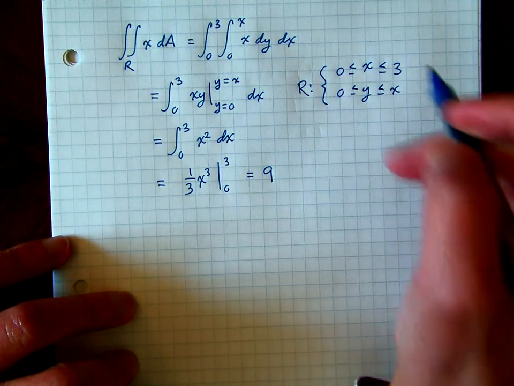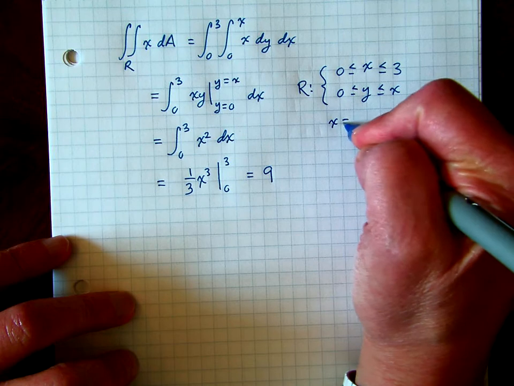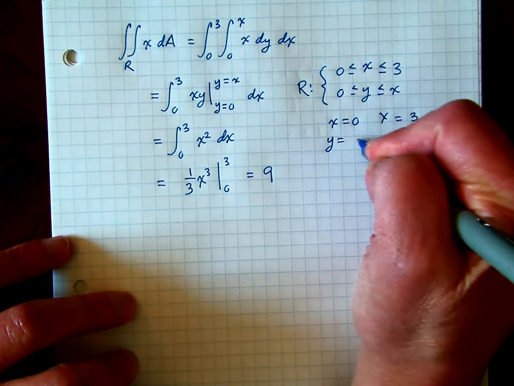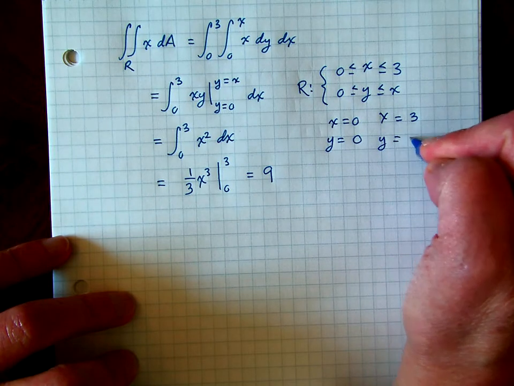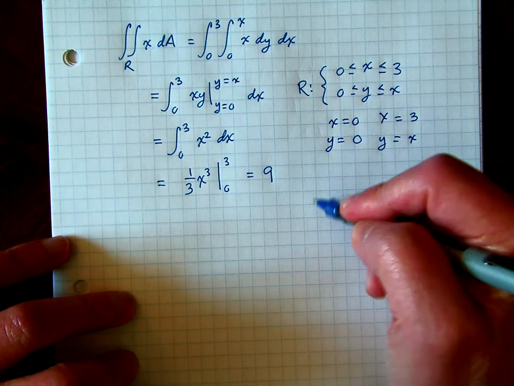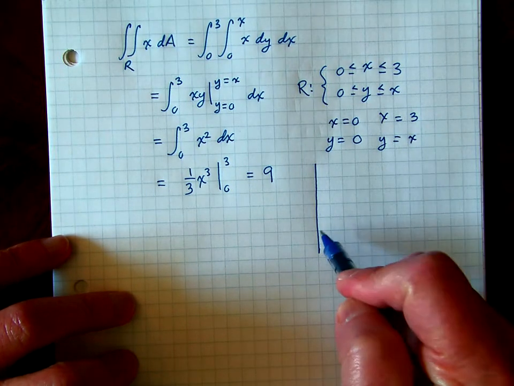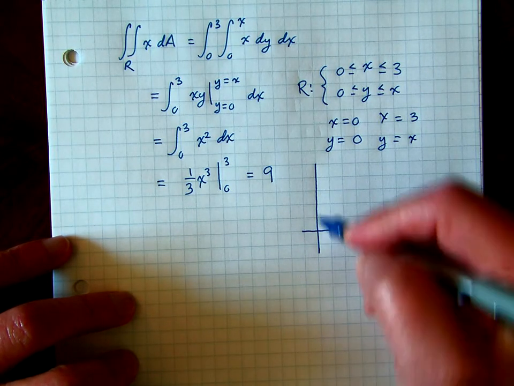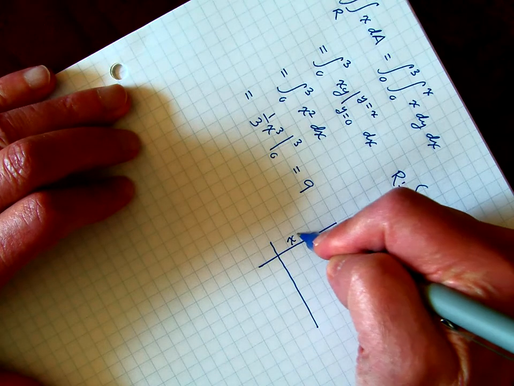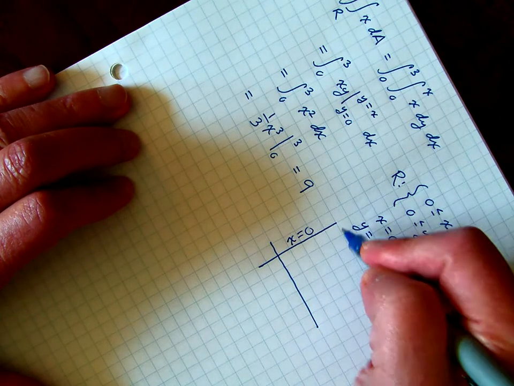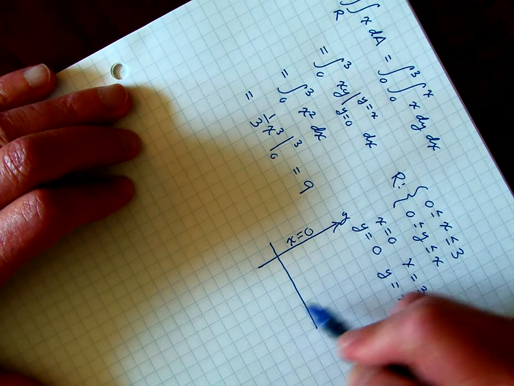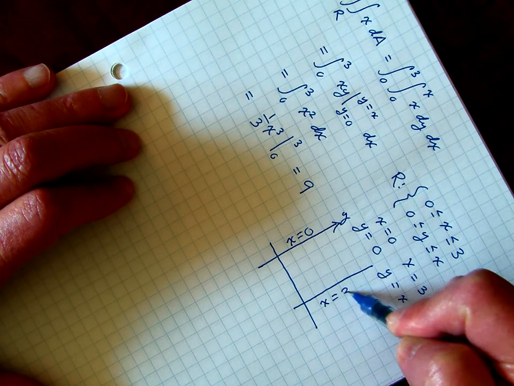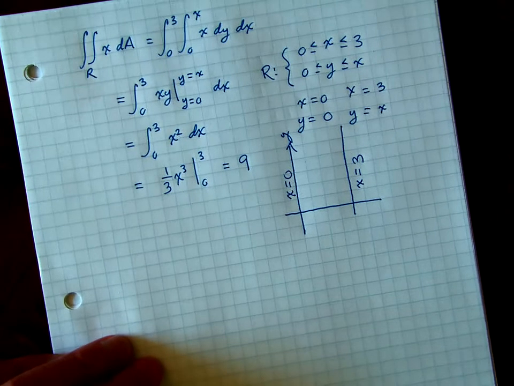Let's also take a look at these things. x equals 0, x equals 3, y equals 0, and y equals x. We know what these represent. If we sketch a quick little grid, x equals 0 is just the y-axis. And of course, x equals 3 is just a parallel vertical line.